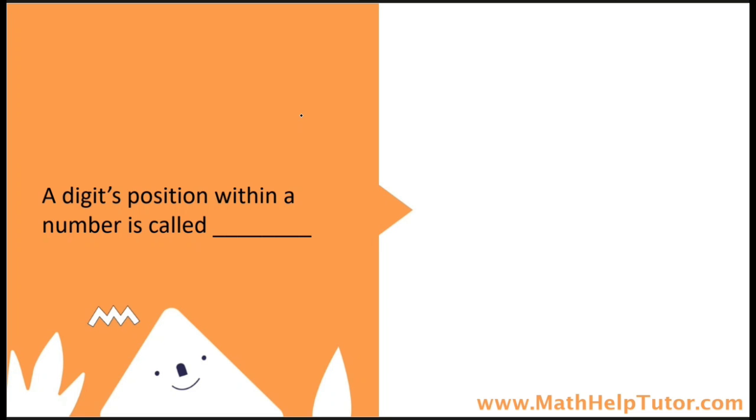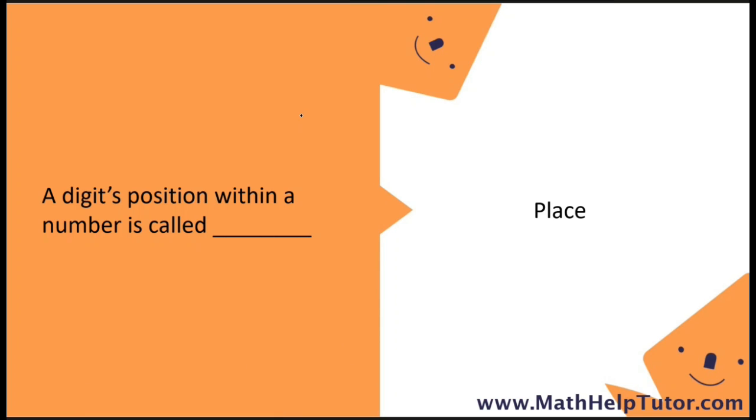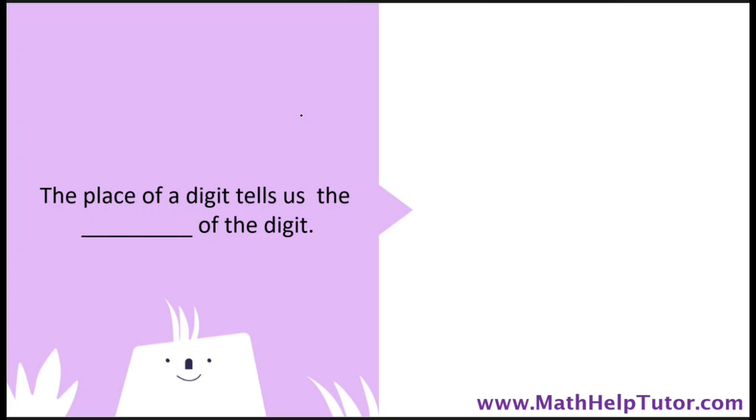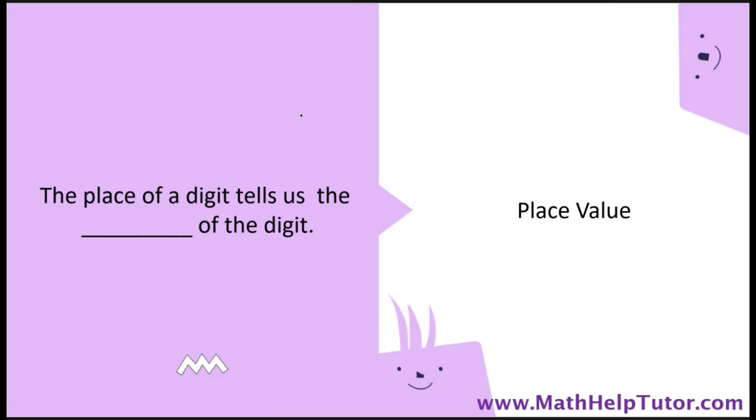A digit's position within a number is called blank. And the answer is place. A digit's position within a number is called place. The place of a digit tells us the blank of the digit. The answer is place value.